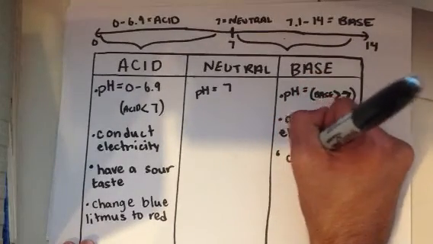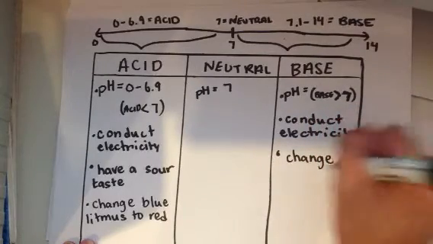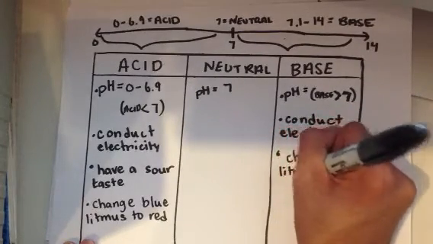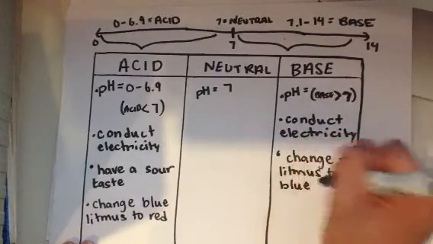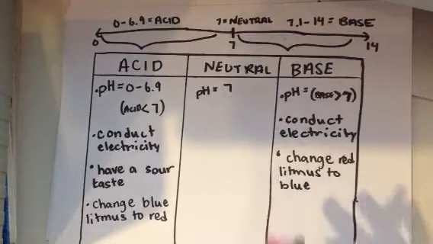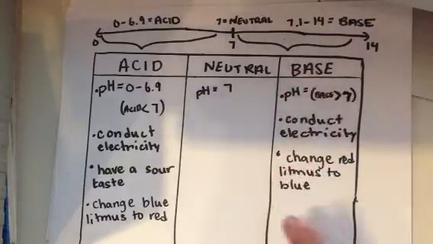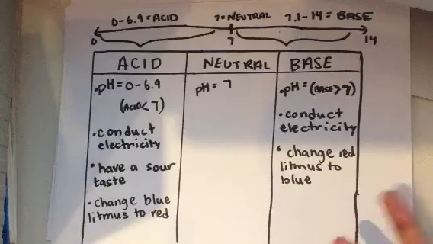They change red litmus to blue. And the way I like to remember it, it's not really a useful tip, but bases turn blue is what I use, and so you can use that to remember the other one.